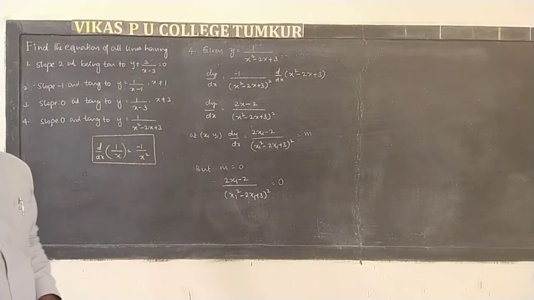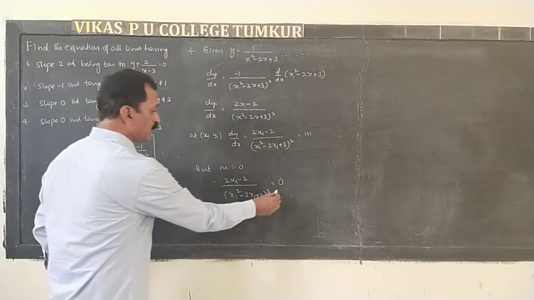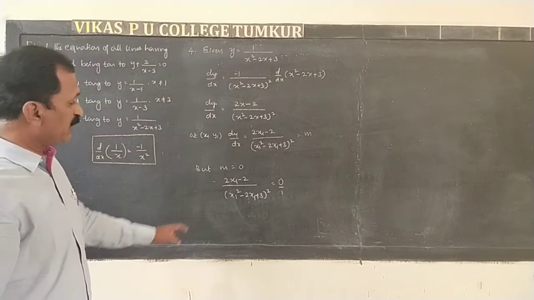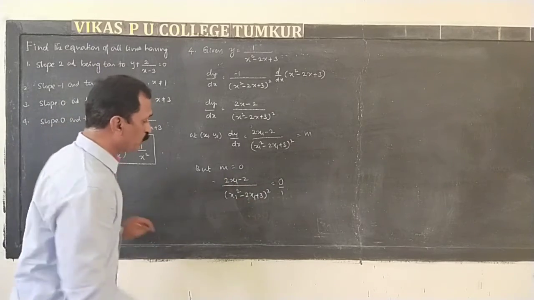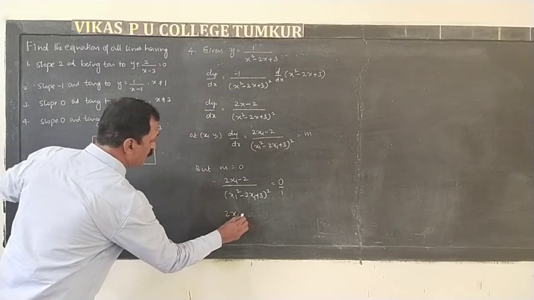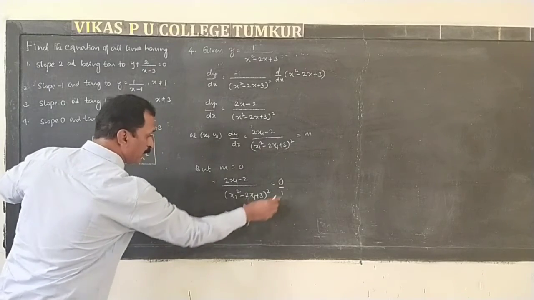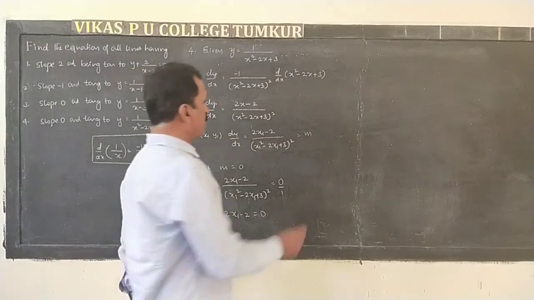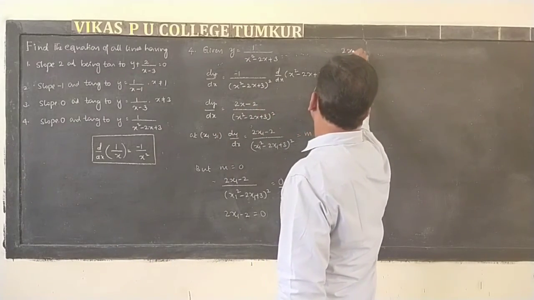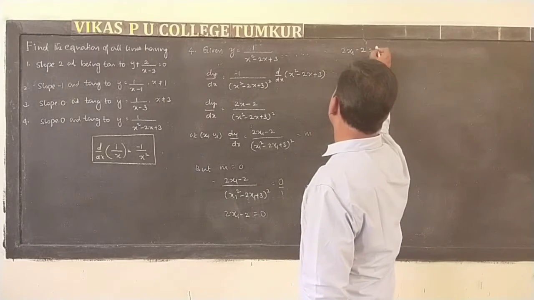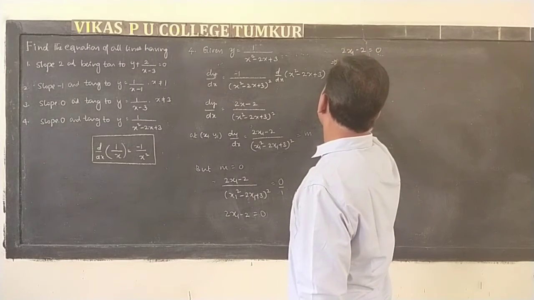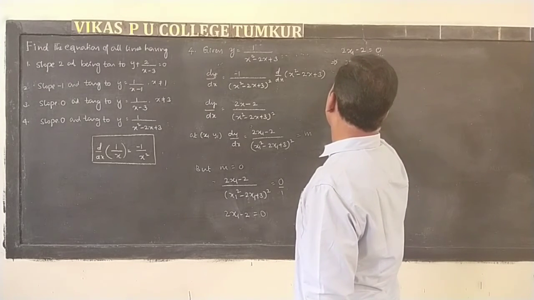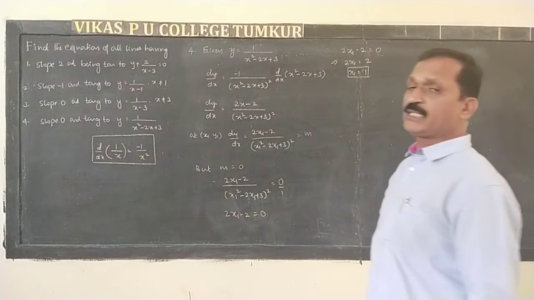Cross multiply, you can keep 0 as 0 by 1 for reference if you want. Cross multiply, then 2x1 minus 2 should be equal to anything into 0, which will always be 0. So 2x1 minus 2 equals 0. This implies 2x1 is equal to 2, implies x1 is equal to 1. Only one value comes, x1 is equal to 1.